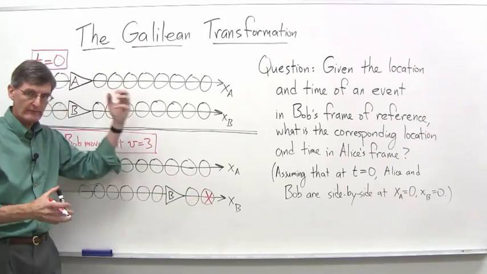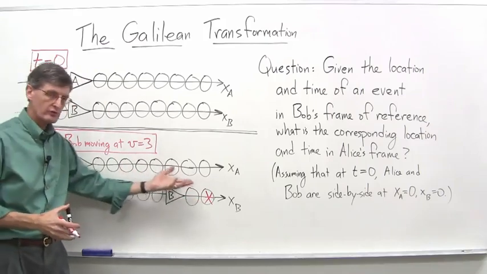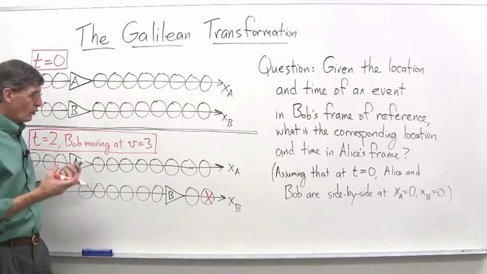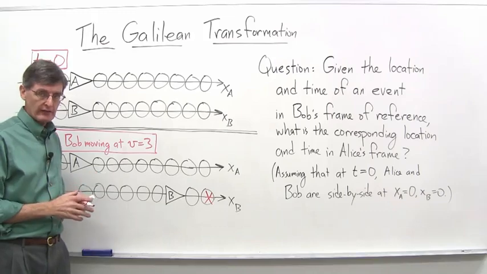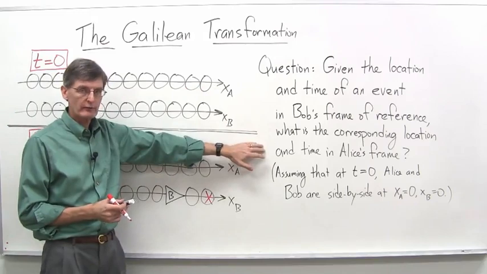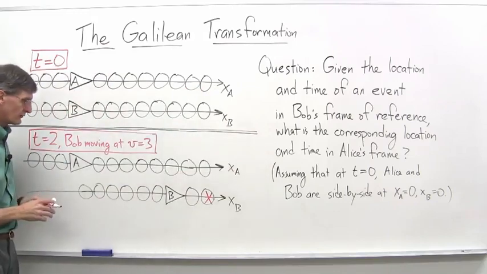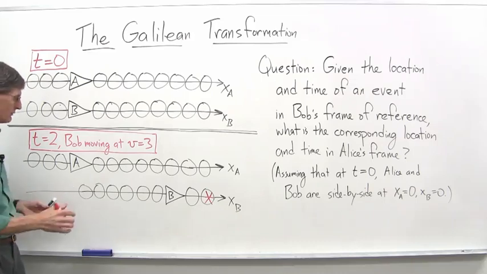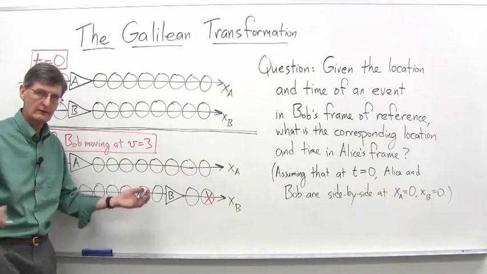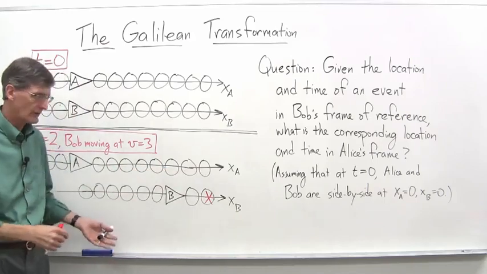He takes the photo and says, I saw a flash of light in position 2 at time t equals 2. What would Alice say the position is? What's the location in Alice's frame of reference? Well, we can see here, if we just count off by the diagram, 1, 2, 3, 4, 5, 6, 7, 8, right? But we don't want to have to draw a diagram every time and count like that.